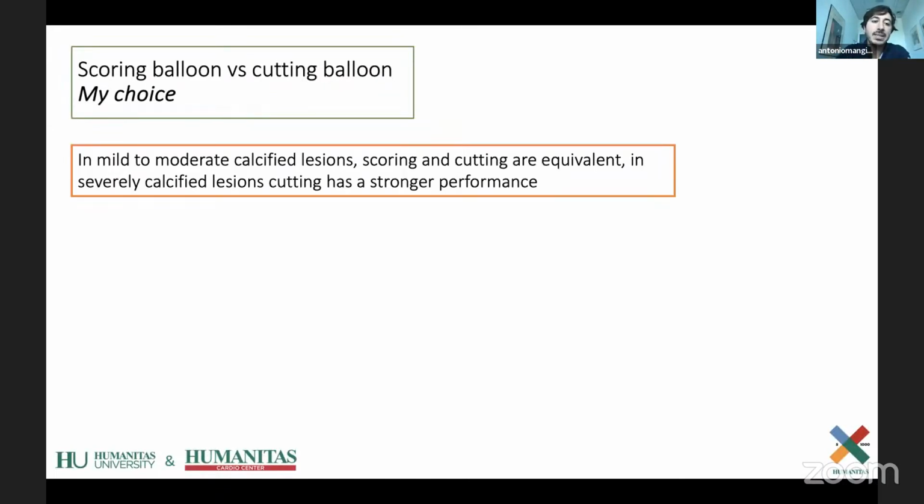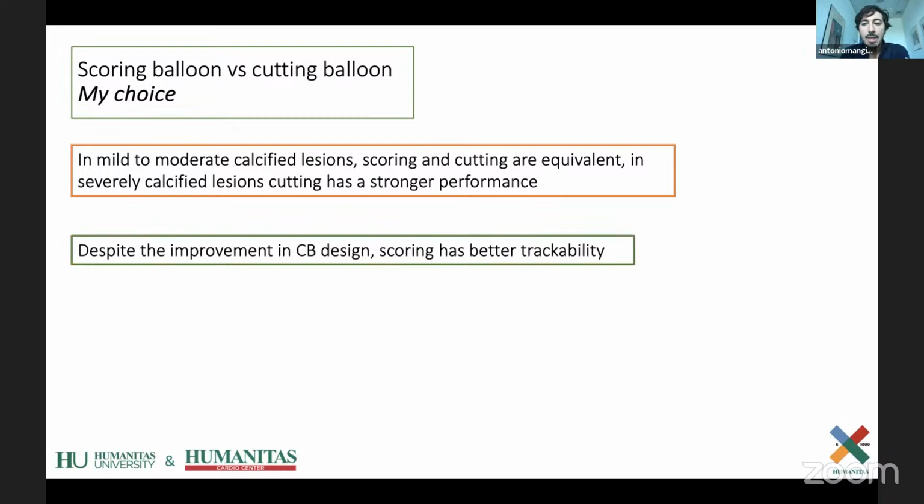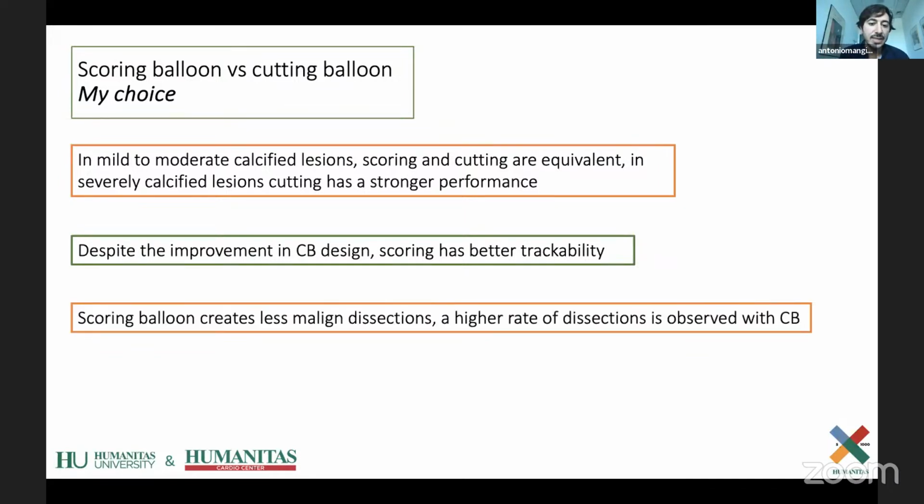So just my comments: I think that in mild to moderate calcification, scoring and cutting are mostly equivalent, but in severely calcified lesions, I think that cutting has a stronger performance. Despite some improvements in the design of the Wolverine compared to the ScoreFlex, I think that in some calcified lesions the scoring has a better trackability, especially when you have to go to the circumflex.